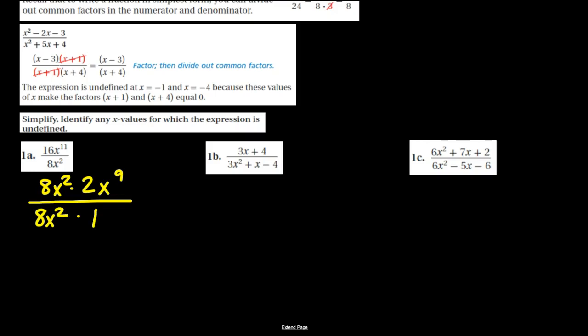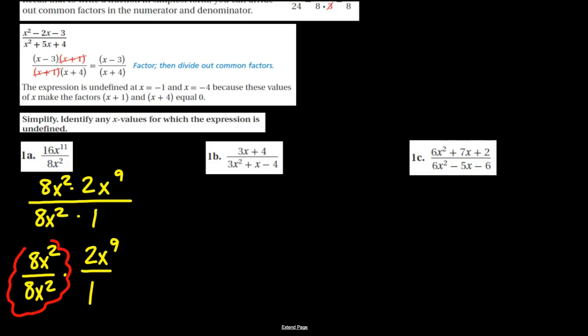Then if I break that apart, that's 8x squared over 8x squared times 2x to the ninth over 1. There's a factor of 1 that is really unnecessary. We can just get rid of it and simplify that to 2x to the ninth.